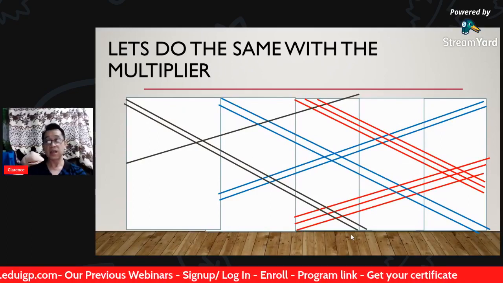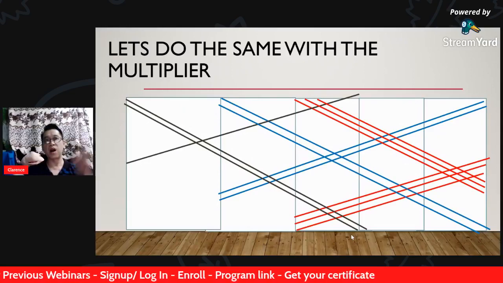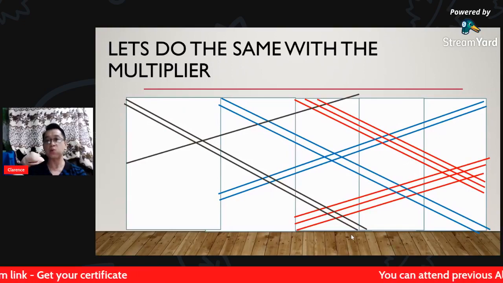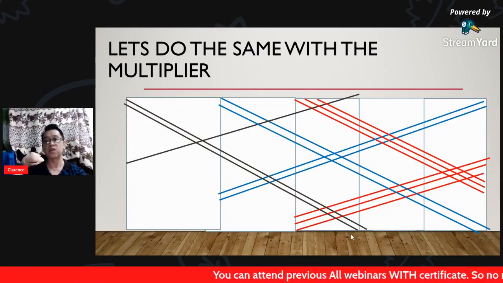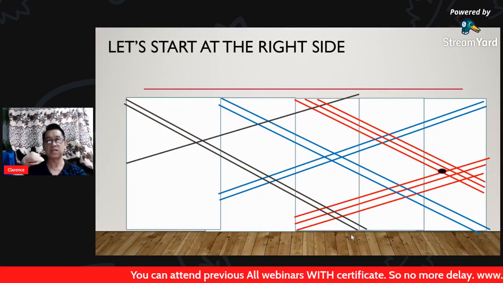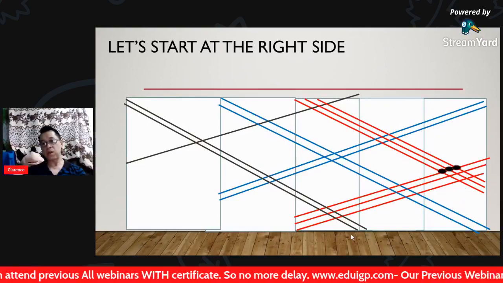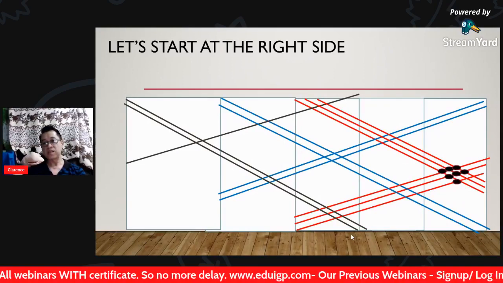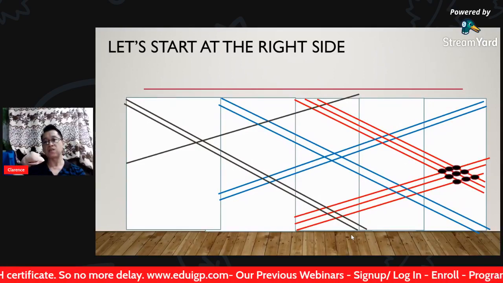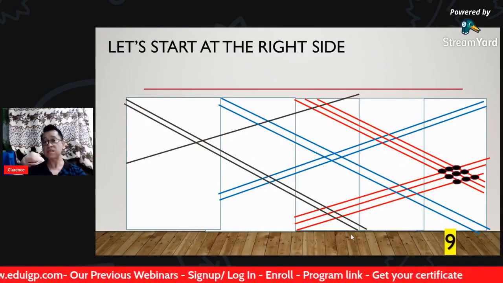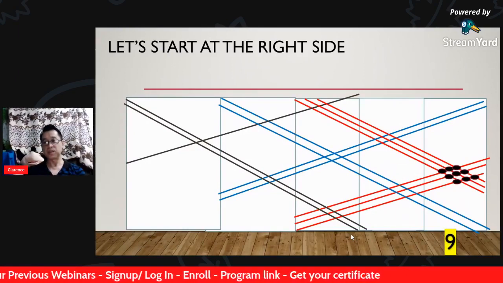So again, doing the procedure that we presented a while ago, let us start from the right to the left, counting the intersections. So let us start from the right. So we have 1, 2, 3, 4, 5, 6, 7, 8, 9. So we have 9. Next column.